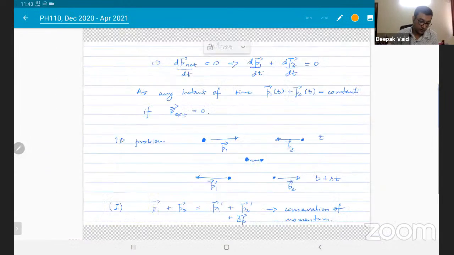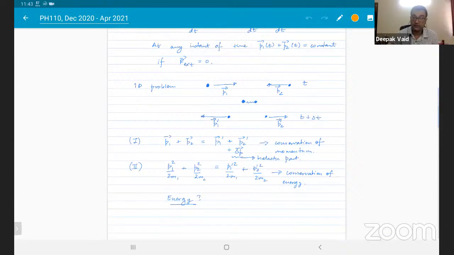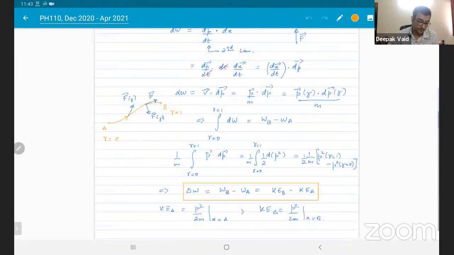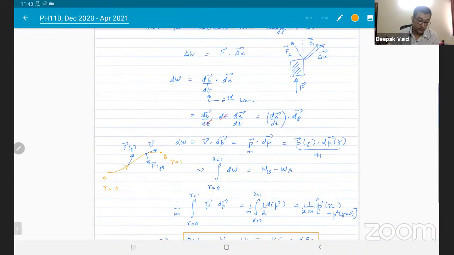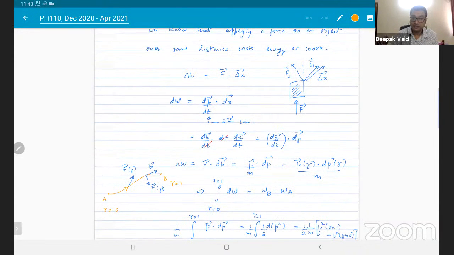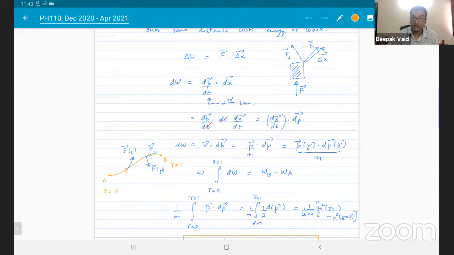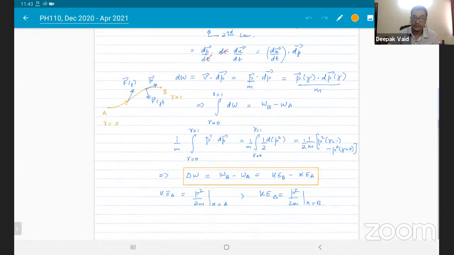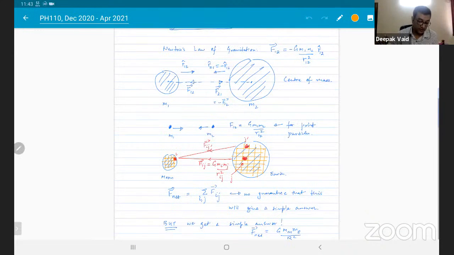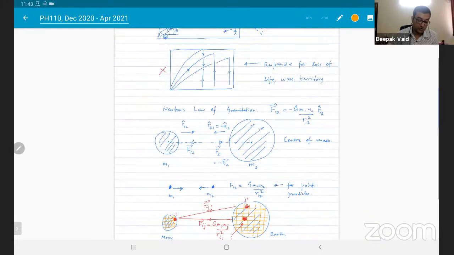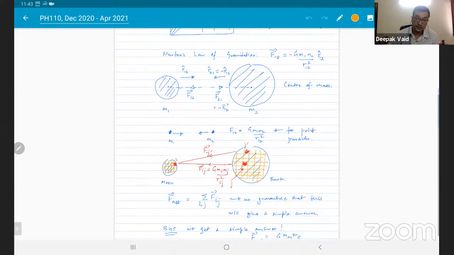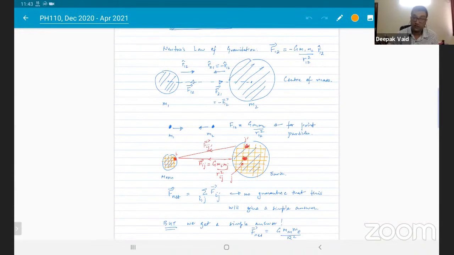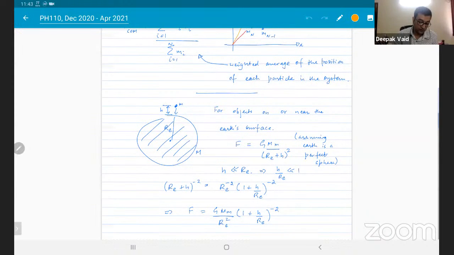And we have talked about what it means to have the total momentum of a system. We've talked about the work-energy relationship and how to derive it, how to get the expression for the kinetic energy. I've talked about Newton's law of gravitation, and from the law of gravitation, how to get the acceleration due to gravity near the surface of the earth, for example.